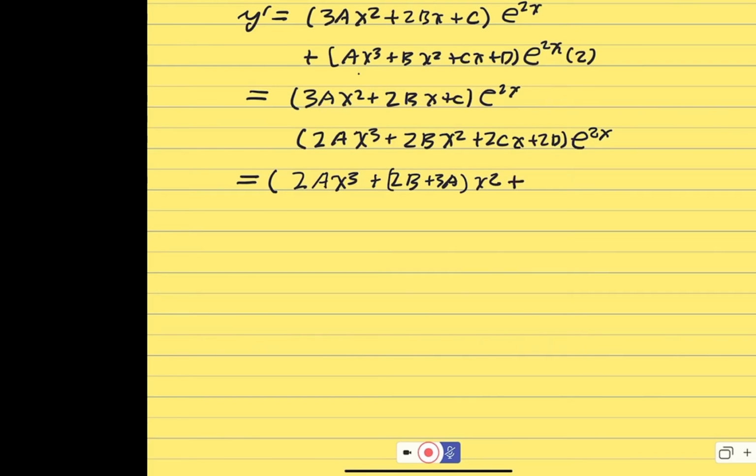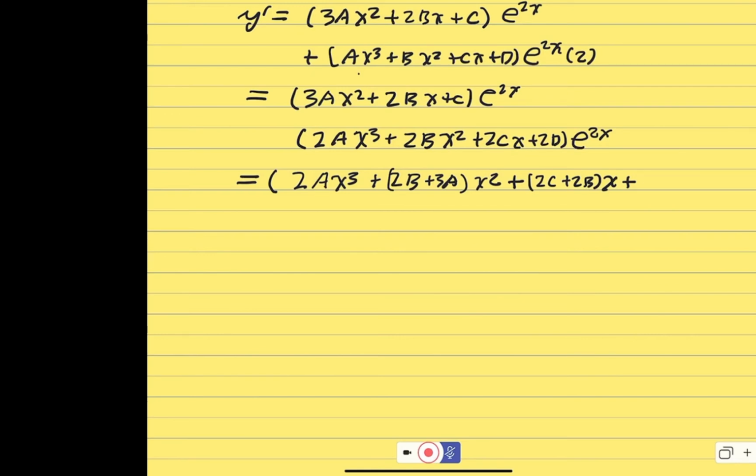Plus, now for the x's, I have this term and this term. So that's going to be plus 2c plus 2b x, and now for the constant terms, I have the 2d and I have the c here.